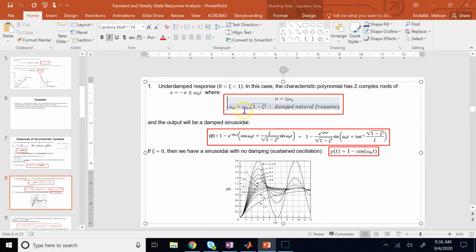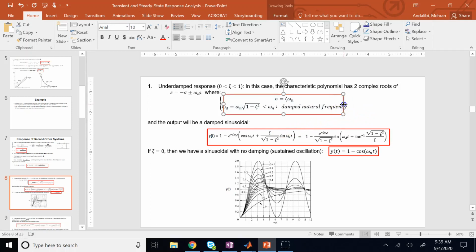This is different than omega n. Clearly omega d and omega n are different, and since zeta is bigger than 0, the quantity under the square root is less than 1, so the square root is less than 1. You can see that omega d is less than omega n. So if there is damping in the system, it might still oscillate, but the frequency of the oscillation is less than the case where you do not have damping.